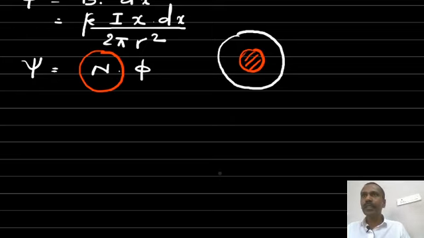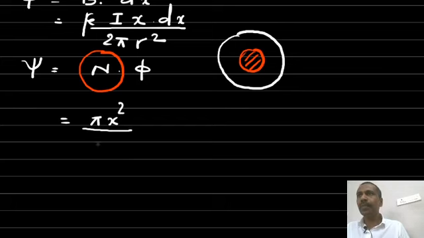So we cannot put N equal to 1, as we have considered only a portion of a single conductor, and that fraction is equal to pi x square divided by pi r square. This area is a small fraction of the total area pi r square. So that can be written as pi x square divided by the total area pi r square into flux.